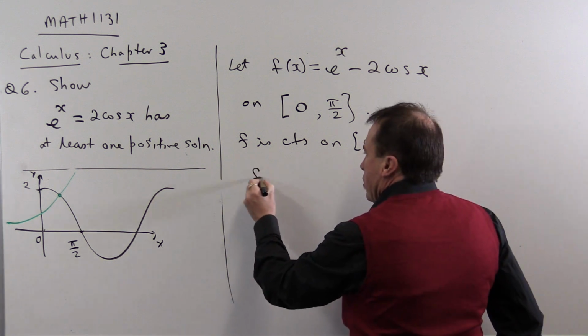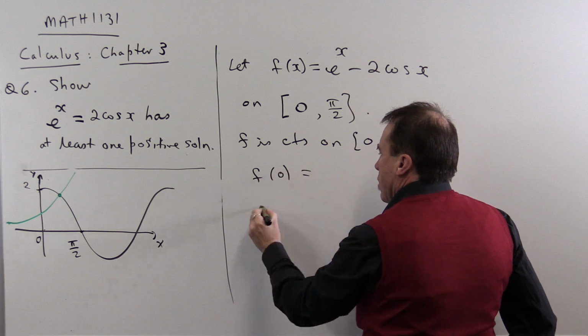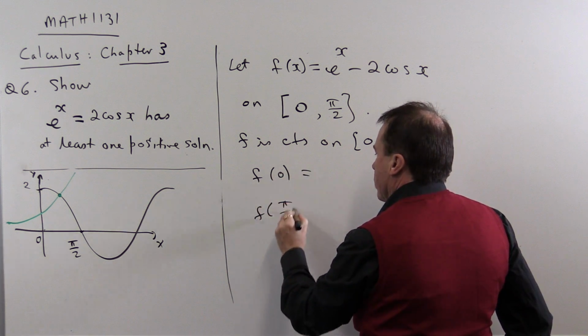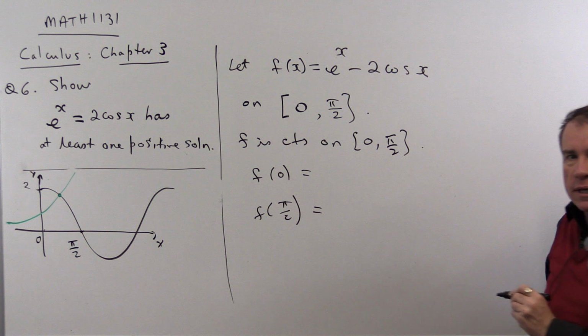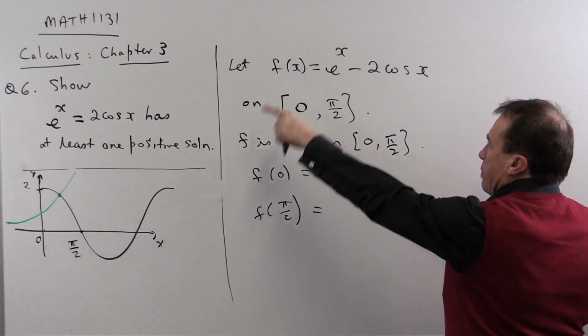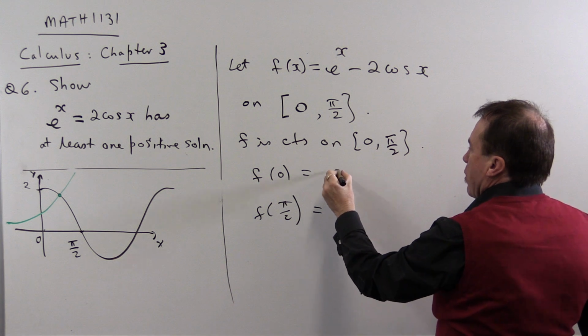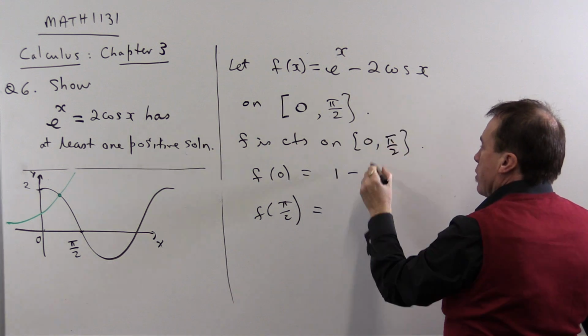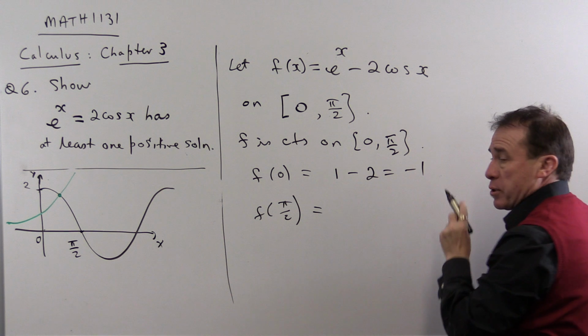Now, all I need to do is check f of 0 and check f of pi on 2, and I'm hoping that these have opposite sign. When I put 0 in, e to the 0 is 1, cos of 0 is 1, and I get minus 1.